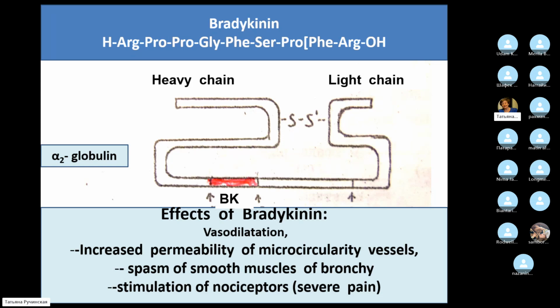The effect of bradykinin leads to severe pain sensation. Another one, bradykinin can lead to spasm of smooth muscle in bronchi. You see? Like histamine, bradykinin can increase permeability of the vessels, but not for 30 minutes as histamine does, but for a prolonged time.